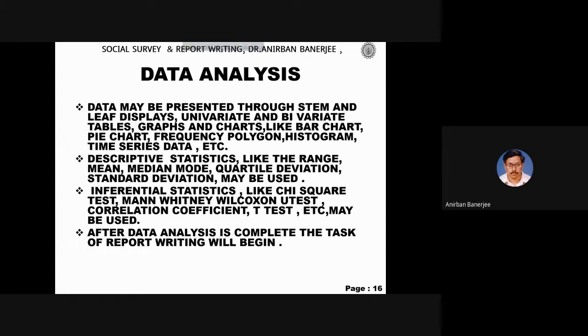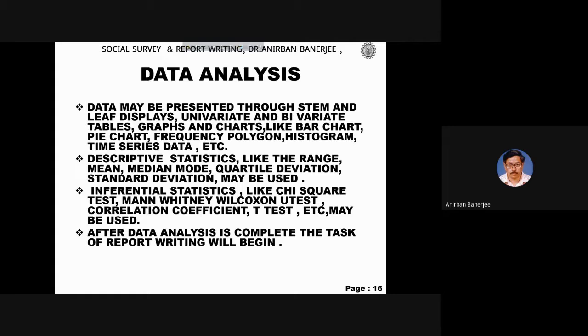Data analysis. Data may be presented through stem and leaf displays, univariate and bivariate tables, graphs and charts like bar chart, pie chart, frequency polygon, histogram, time series data, etc. Descriptive statistics like the range, mean, median, mode, quartile deviation, standard deviation may be used.